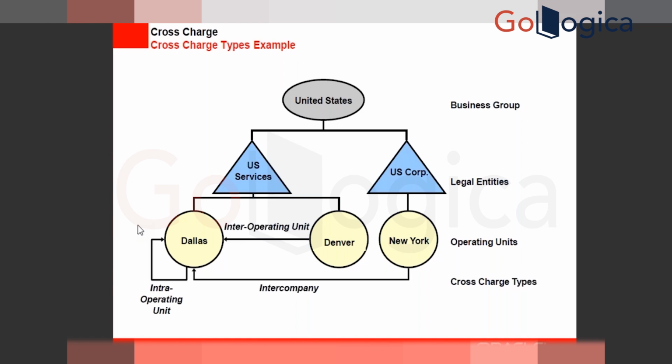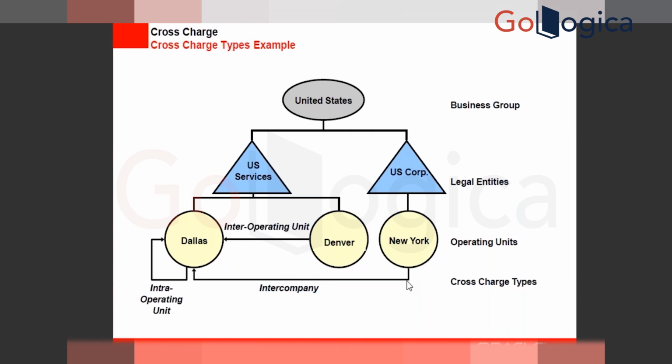Now, if any transaction happens between the legal entities, that is going to be called intercompany. Two legal entities, two operating units, yeah, two legal entities mainly. If you see, this is from one legal entity.